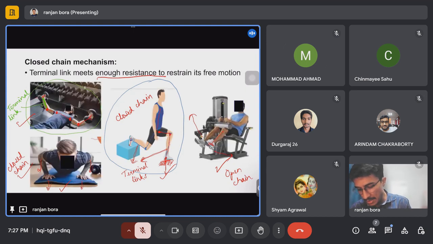So this exercise, the first one, this one. So in this exercise, what he can do, the terminal links are not fixed, right? These are the terminal links, this hand. So he can freely move his hand. The hand which is holding the dumbbell, it can freely move, right?